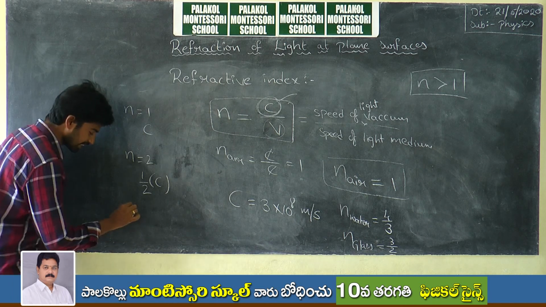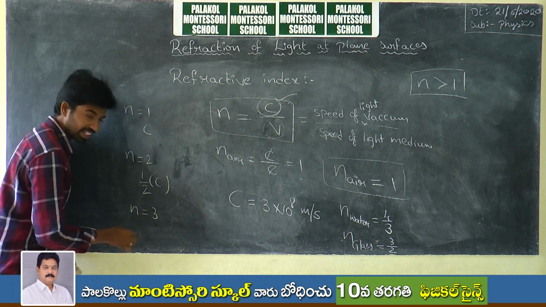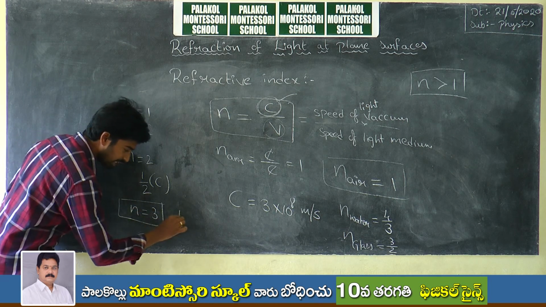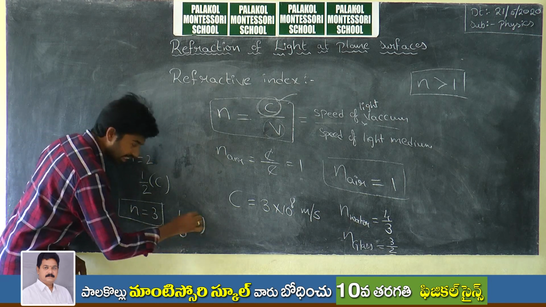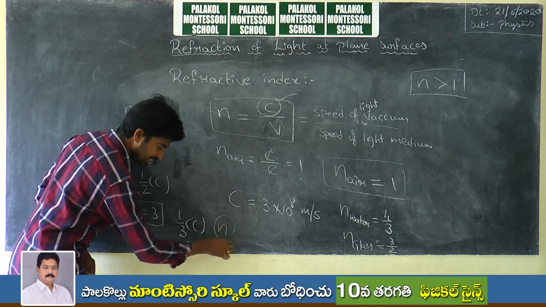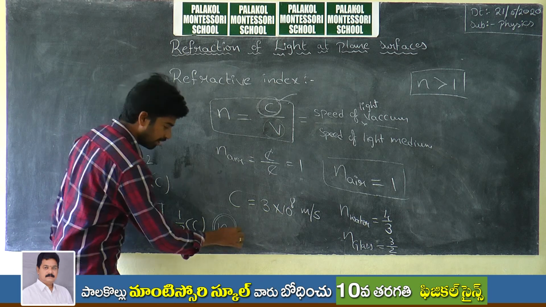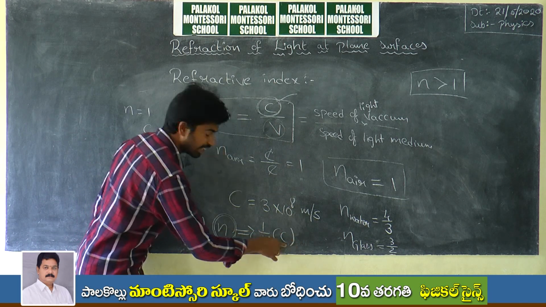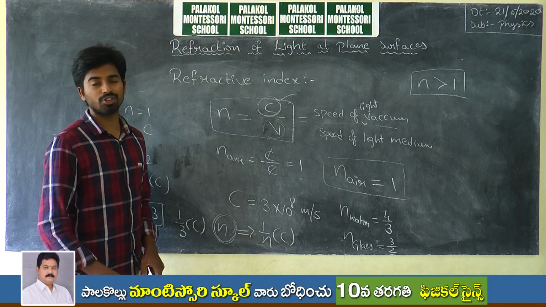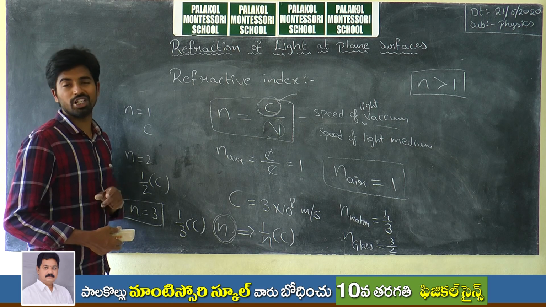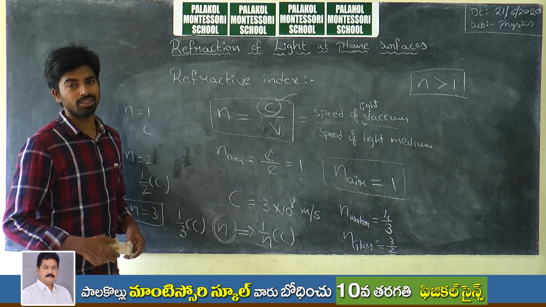If the refractive index is 3, then the speed of light in this medium is 1 by 3 of the speed of light in vacuum. If the refractive index is n, in this medium the speed of light is 1 by n of the speed of light in vacuum. So if you know the refractive index value, you can find the speed of light in that particular medium.